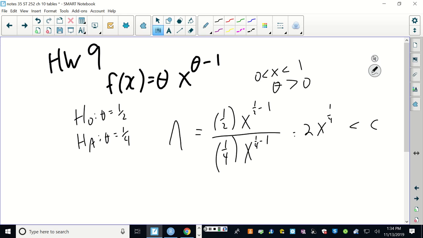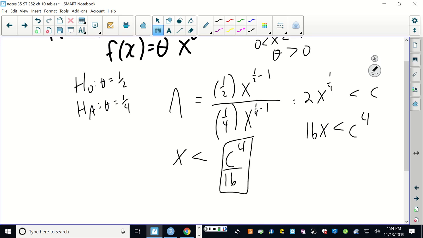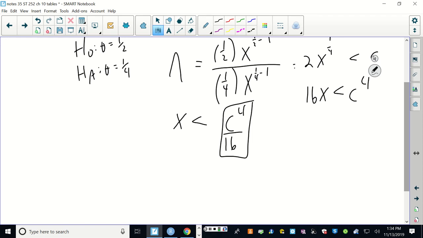So it asks you there to rearrange it to get x is less than something. If you raise everything to the 4th, 16x is less than c to the 4th, so x is less than c to the 4th over 16. We're going to choose this so that the probability we reject is only 5%. That's where that integral comes in.